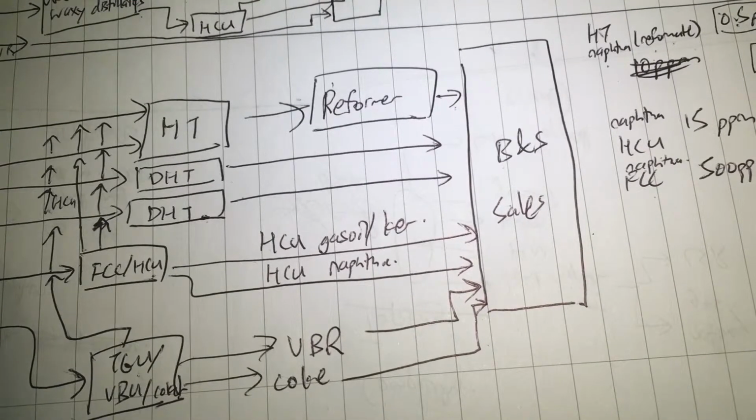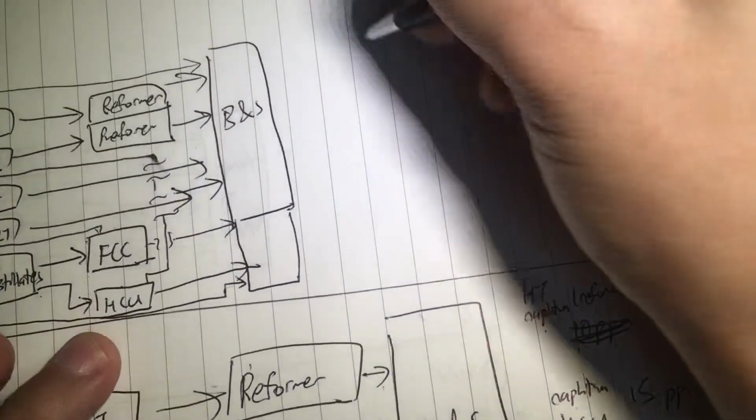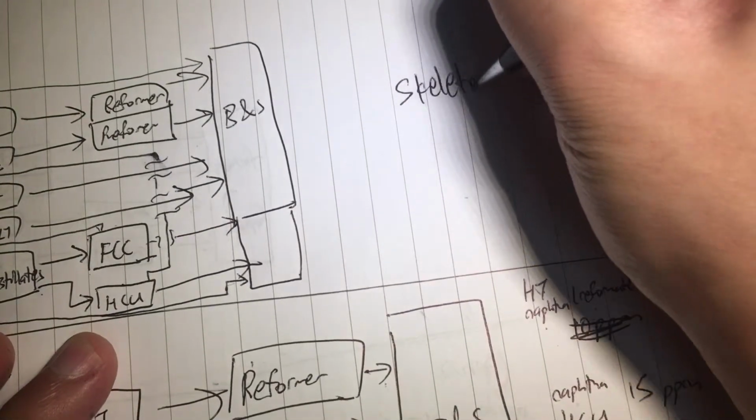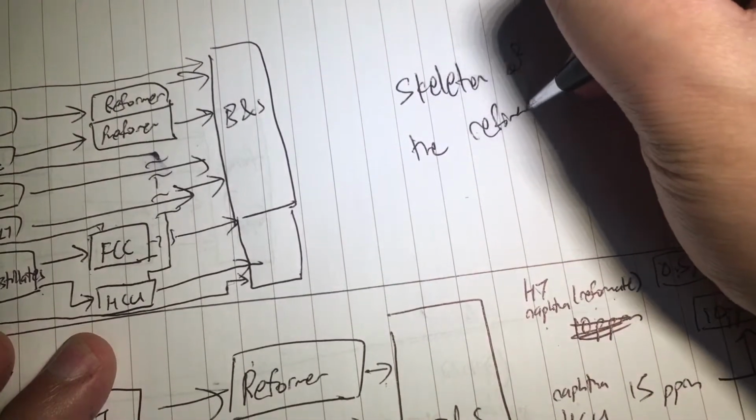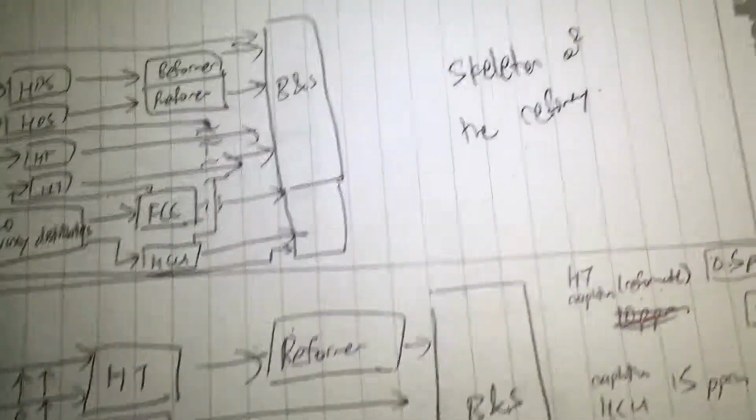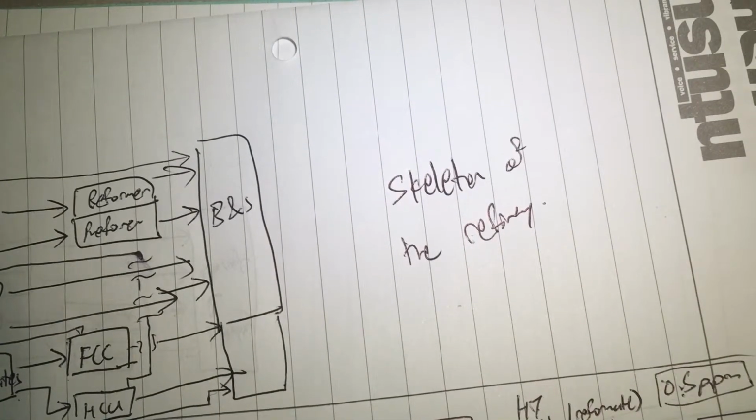And what I've just told you for the past 25 videos is basically the skeleton of the refinery. If the refinery is a full human body, I've only shown you the skeleton so far, in the past 10 hours or so.